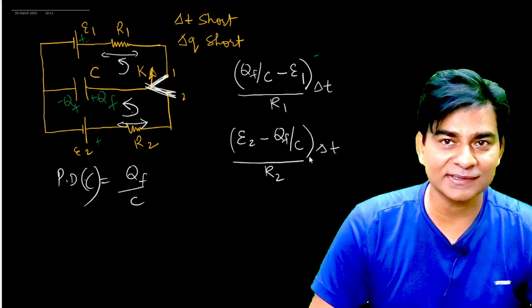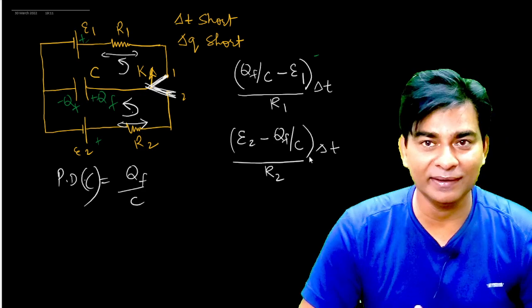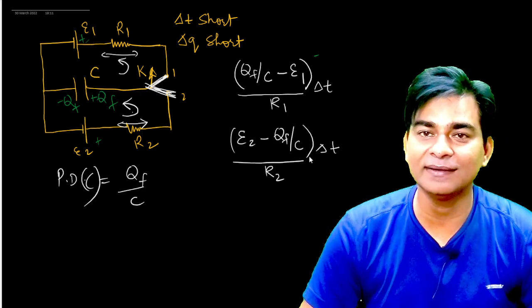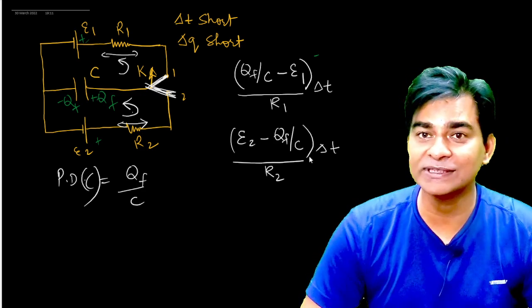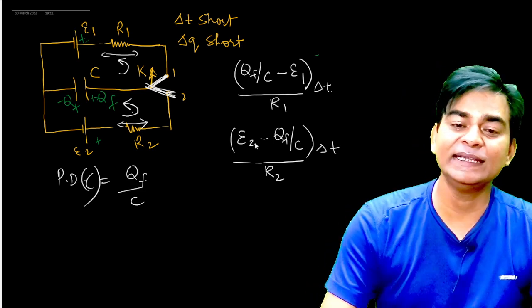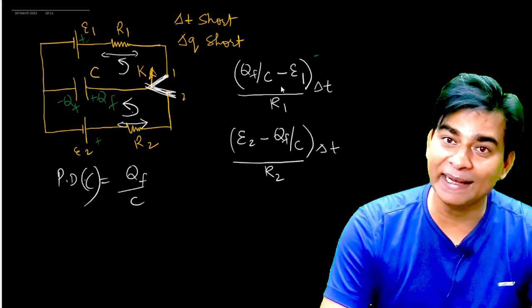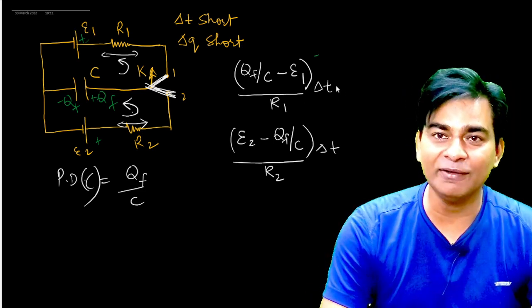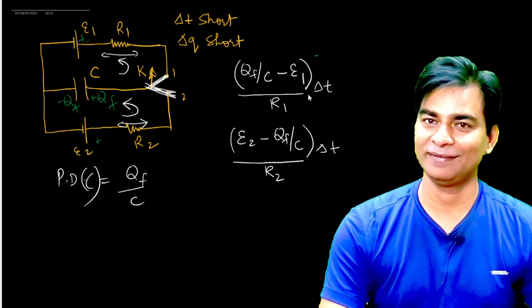This much charge will be given to the capacitor from the lower circuit, and this much charge is given by the capacitor to the upper circuit when connected to 1.